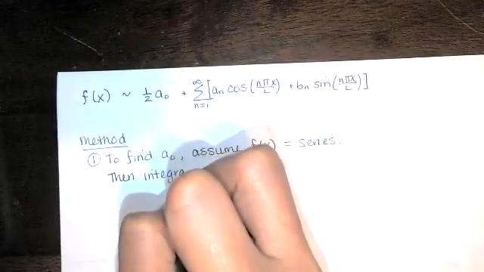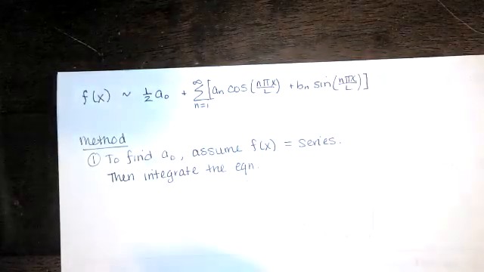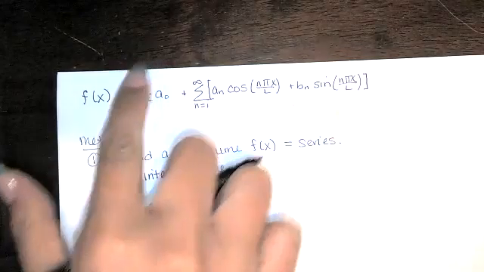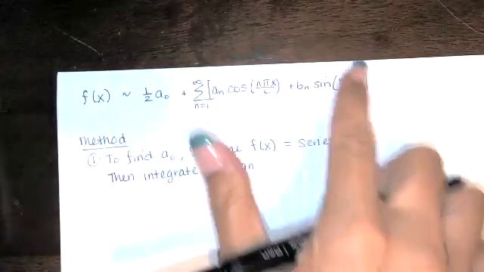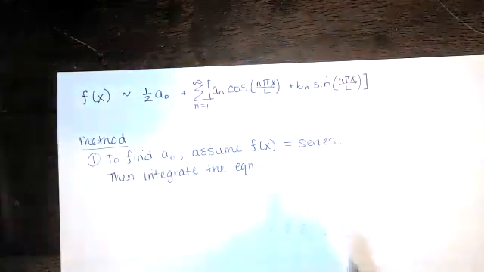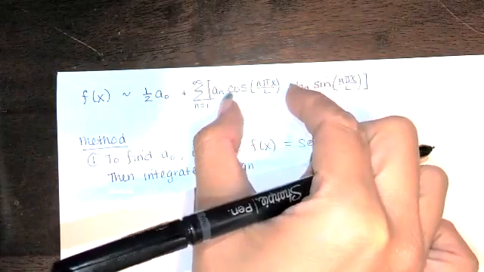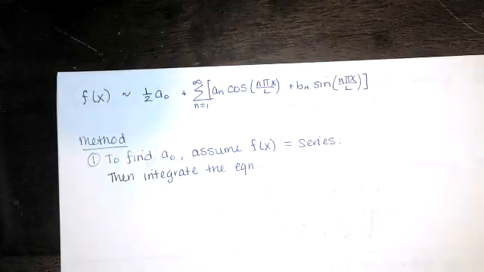Integrate the equation sort of term by term. So you'll have the integral of this plus the integral of this piece plus the integral of this piece. Actually, the integral of the sum is a sum of the integrals. So you're evaluating this integral of this function from negative L to L with respect to x.